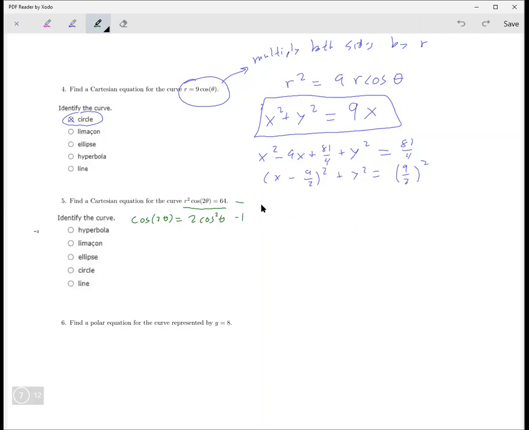So we plug this in for cosine 2 theta, and that gives us r squared times (2 cosine squared theta minus 1) equals 64. Distribute the r squared in, and we have 2r squared cosine squared theta minus r squared equals 64.